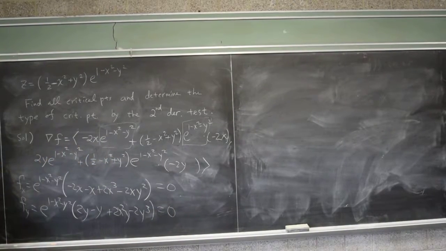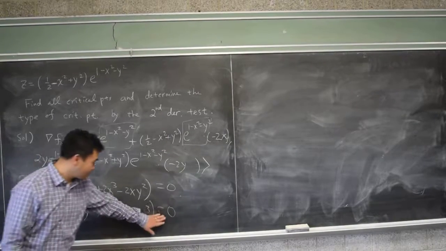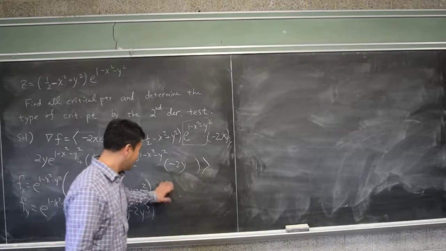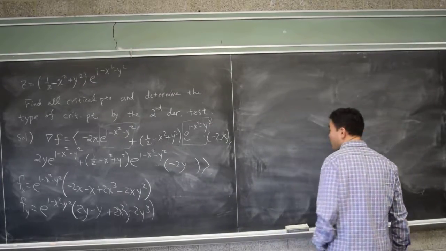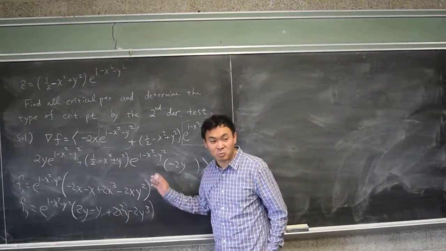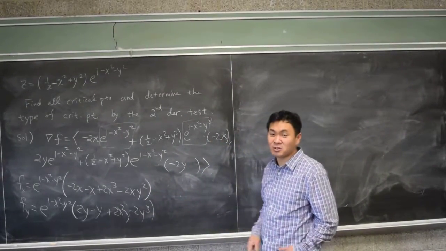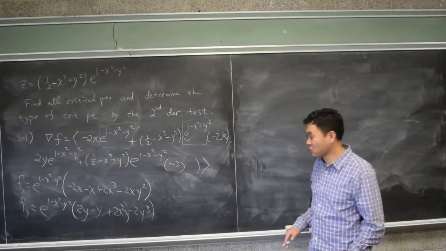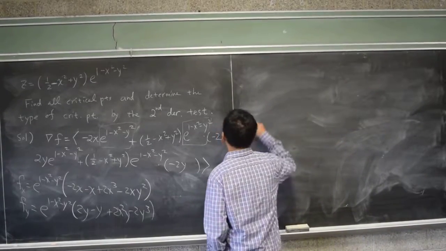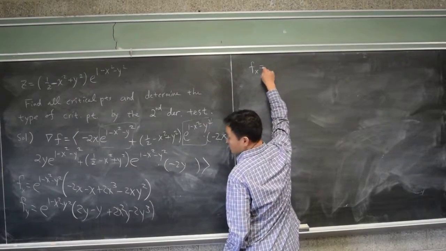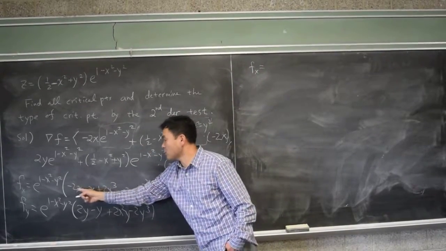By the way, I'm writing these things down because sooner or later we'll have to differentiate fx and fy, right? We should simplify as much as possible because we want to differentiate the simplified one. The more simplified it is, it's easier to differentiate. So let's simplify. So we have fx. These two can be combined, right?